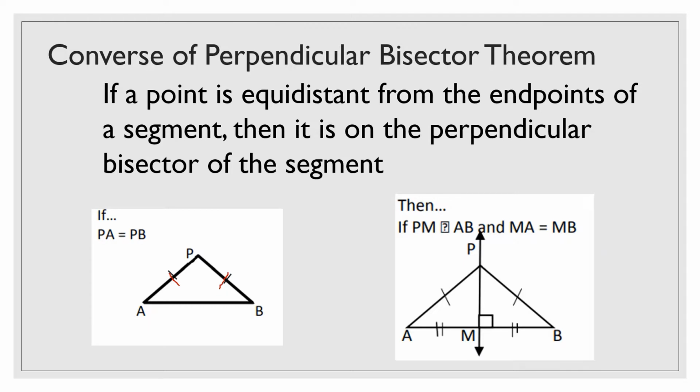Ibig sabihin yan, yung PM, magkakaroon tayo dyan ng midpoint na M sa pagitan ng, or sa segment AB. So, it will be perpendicular to AB. Makakapag-form ka dyan ng 90 degrees. And of course, masasabi natin ngayon na yung AM ay congruent sa MB. Because M is the midpoint and PM is perpendicular to AB.